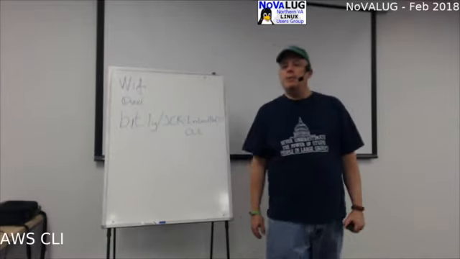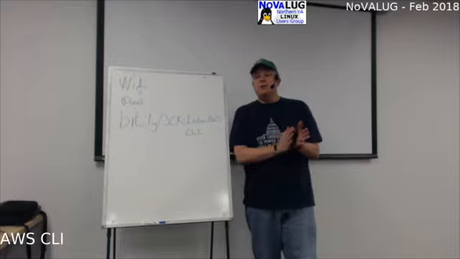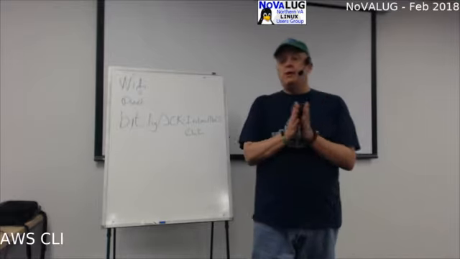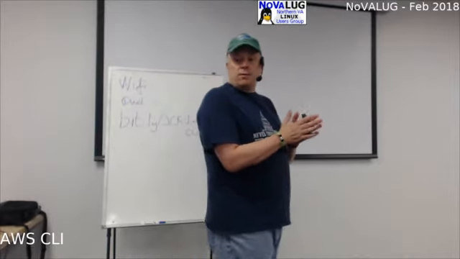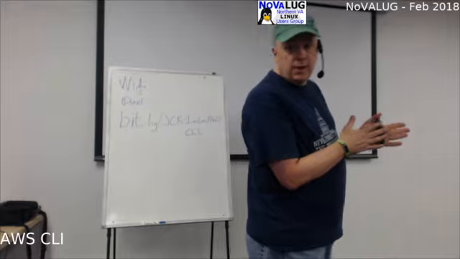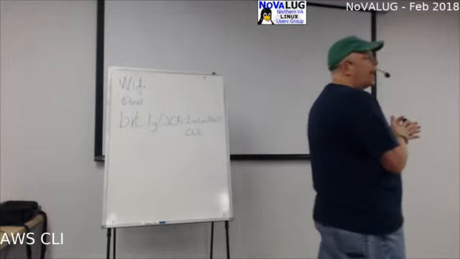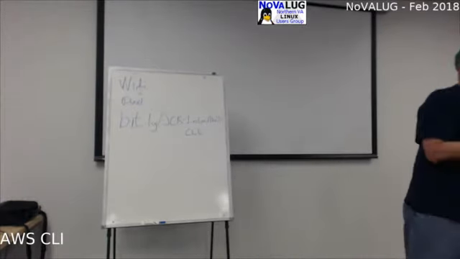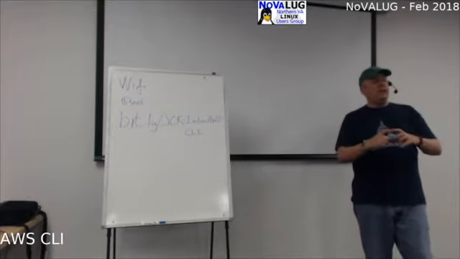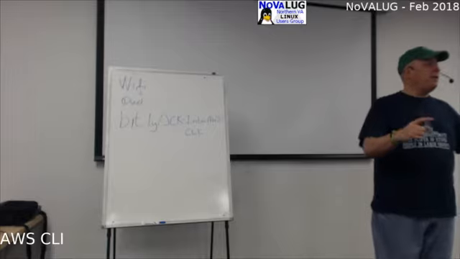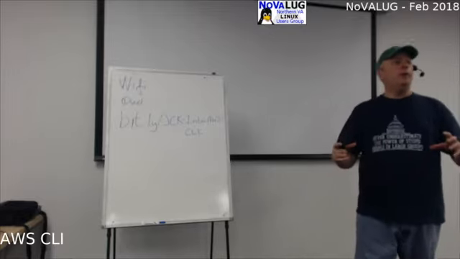So here's some information. I've got the free tier info and console login still there. The AWS Commandline reference link is there. I didn't really mention it, but the CLI command help is very good.